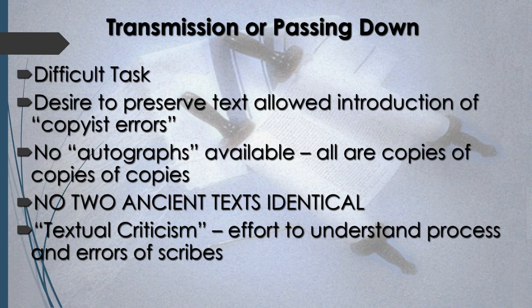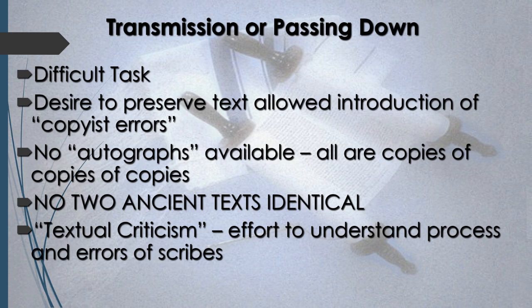It simply happens. And so since we don't have any autographs, and an autograph is the original text written by the original author, there's no autographs available. They are all copies of copies of copies. They have been handed down and recopied many, many times.